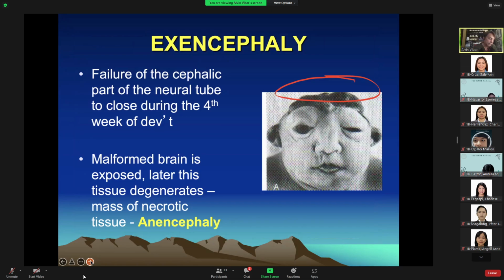We call that anencephaly. Not that the terms exencephaly and anencephaly are really interchangeable, they are similar. But when there is necrotic tissue degeneration, specifically we call it anencephaly. The brain is damaged, and in the worst cases, degenerated. Okay, are we clear?